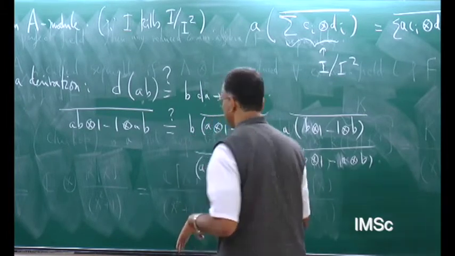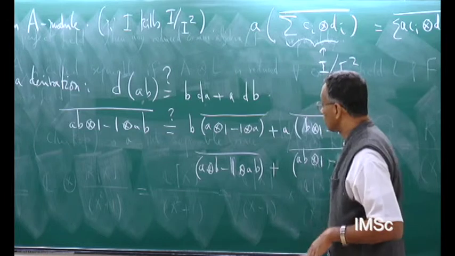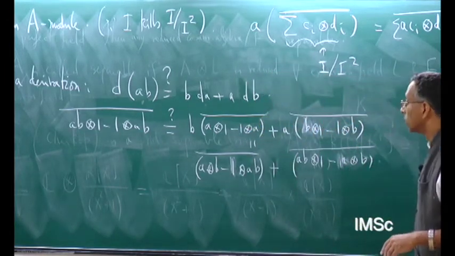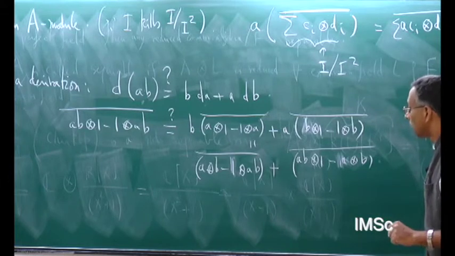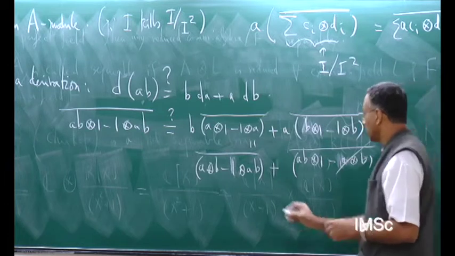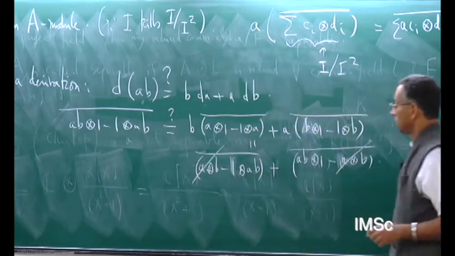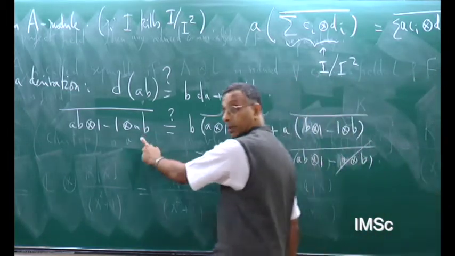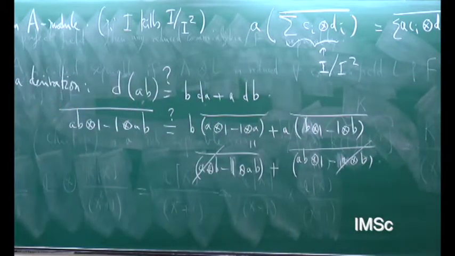I have to put a bar. Right, what do I have? And I have what I want, right? Because this cancels with this. I have AB tensor 1 minus 1 tensor. Right? So that's what, okay.